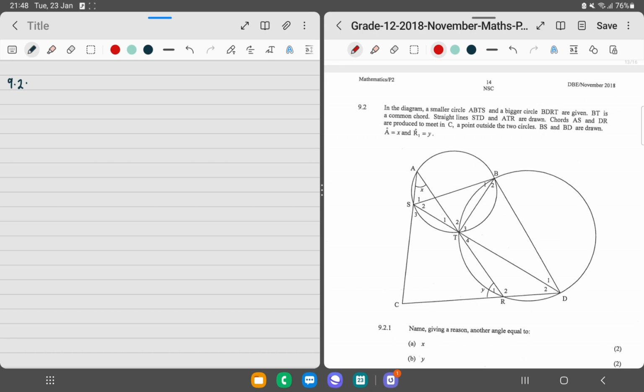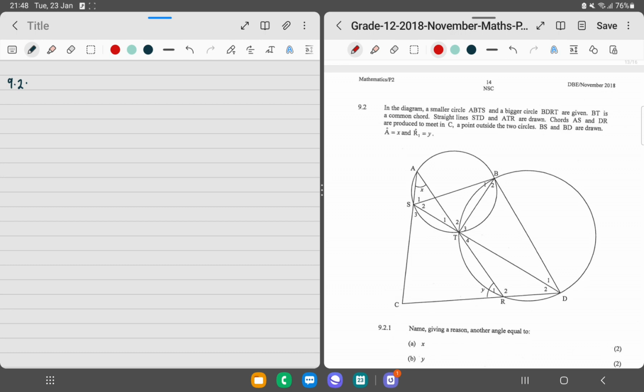Straight lines STD and ATR are drawn. Chords AS and DR are produced to meet at C, a point outside the two circles. BS and BD are drawn. A is equal to X and R1 is equal to Y.